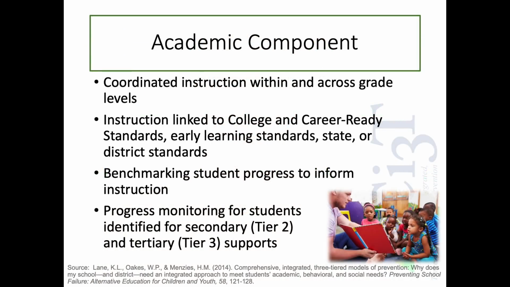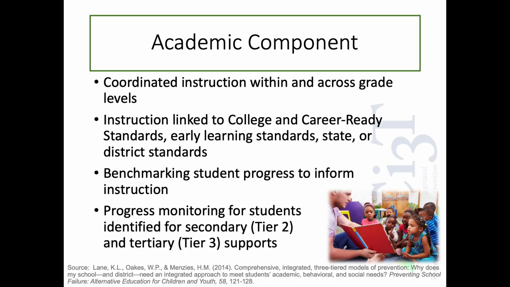The Ci3T model, as mentioned, integrates academic, behavioral, and social domains. For the academic piece, the goal is that all students in the whole district will have coordinated instruction both within and across grade levels. In many states, this is linked to the Common Core state or district standards, anchored to college and career readiness standards.